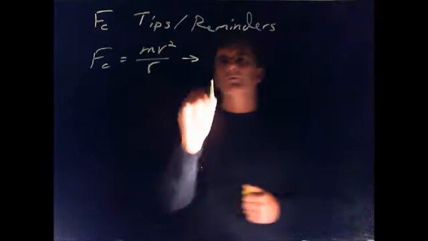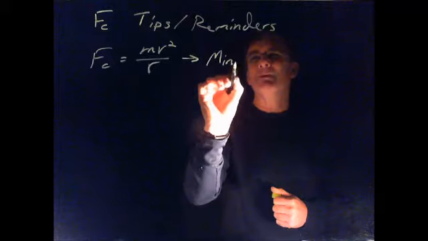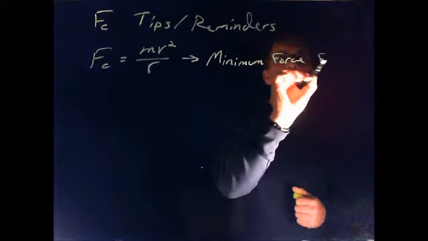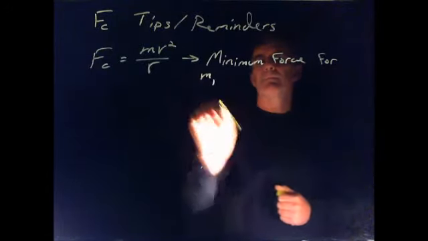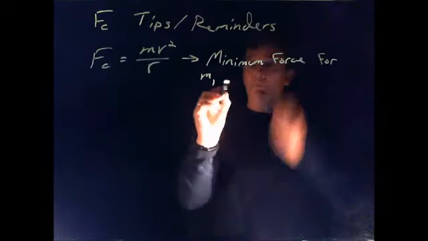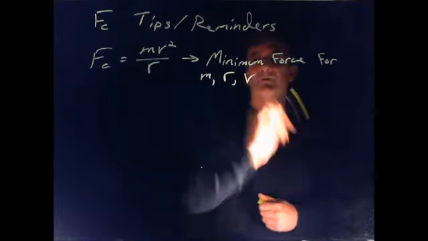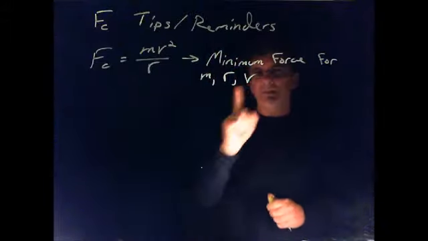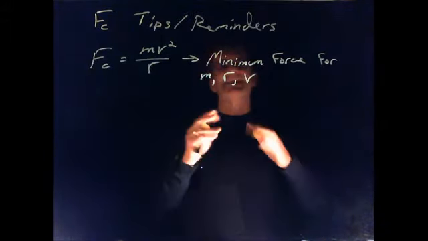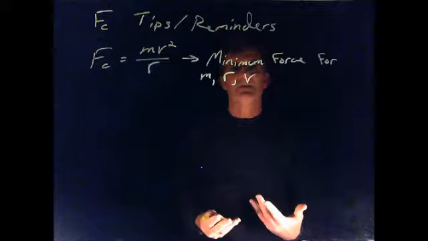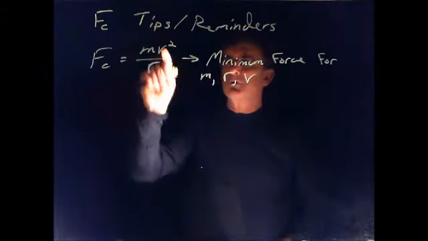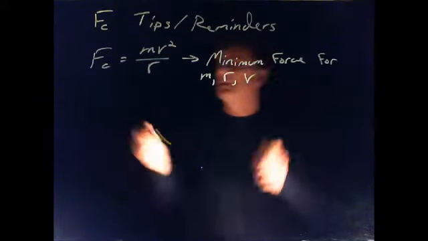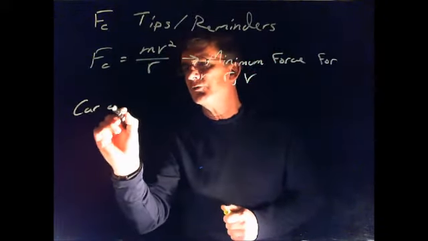This centripetal force is the minimum force required for some mass to make a turn with radius r at velocity v. The minimum force, and that's what tends to be confusing. I can have more force available, fantastic, but this is the minimum force for this mass to make this turn at that velocity. So let's think about a car on a turn.